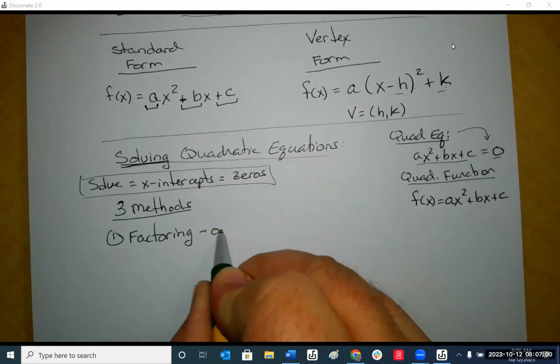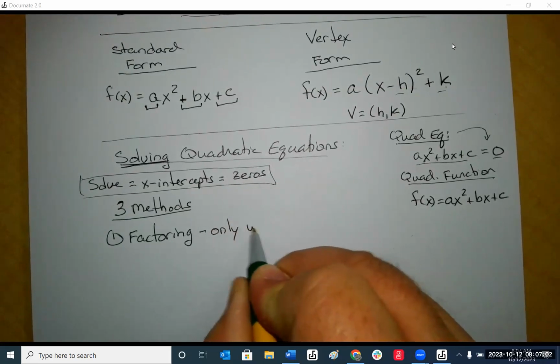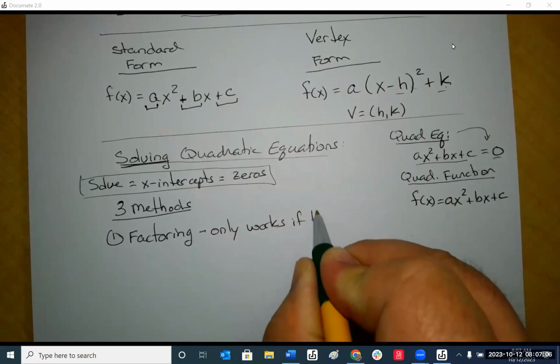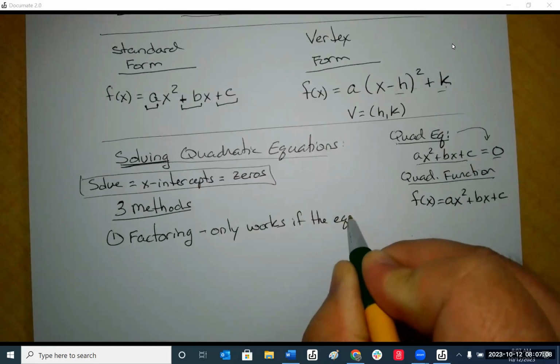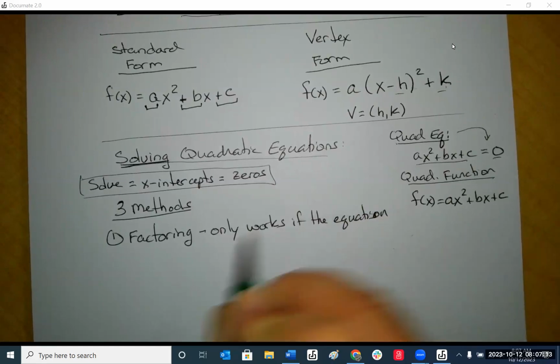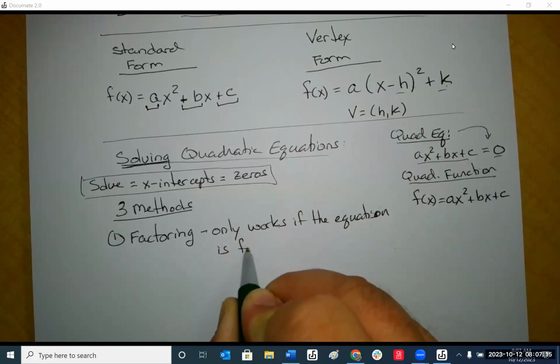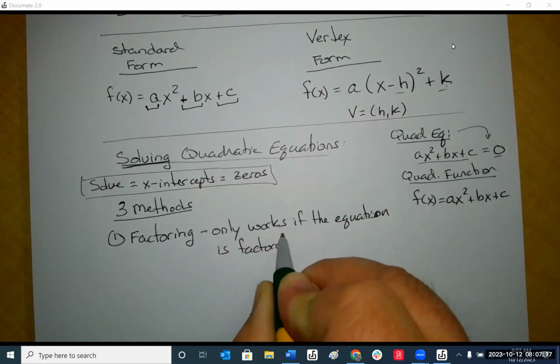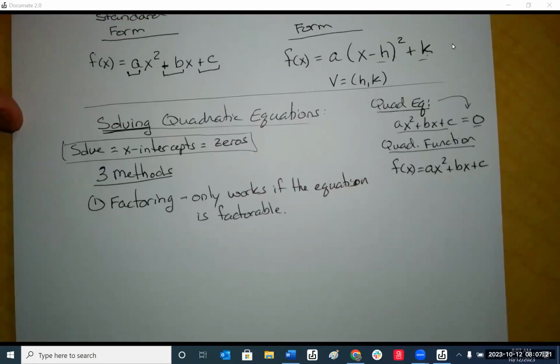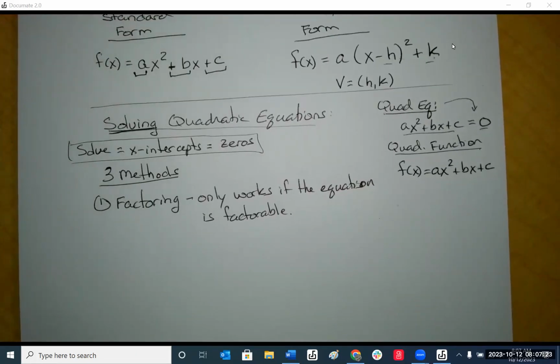And this only works if the equation is factorable. As we'll see, not all equations are factorable.